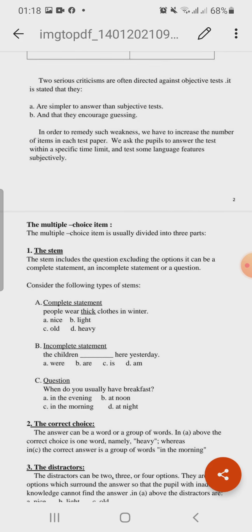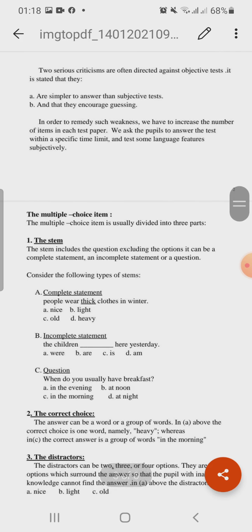In order to remedy such weakness, we have to increase the number of items in each test paper، لازم نوسع عدد العناصر في ورقة الاختبار. We ask the pupils to answer the test within a specific time limit، يعني نسأل الطالب أنه يجاوب في وقت محدد, and test some language features subjectively.